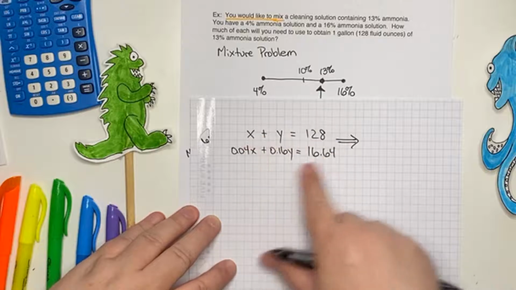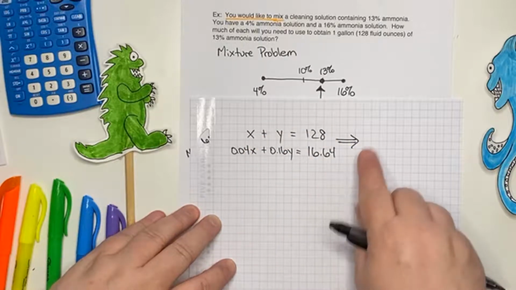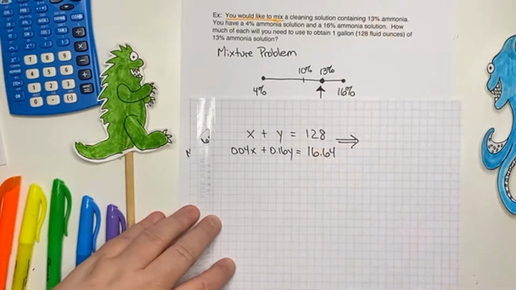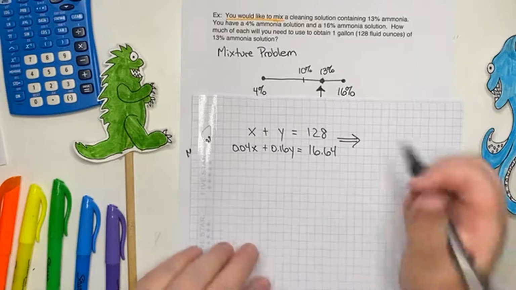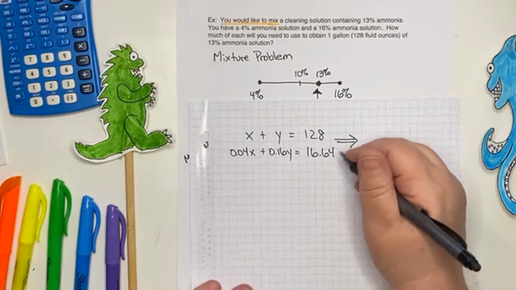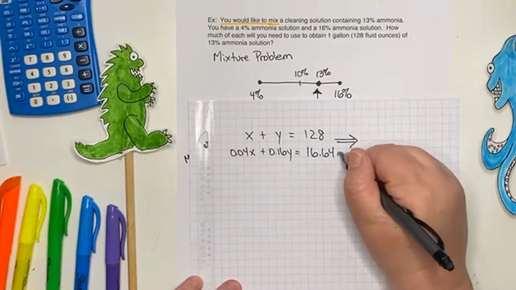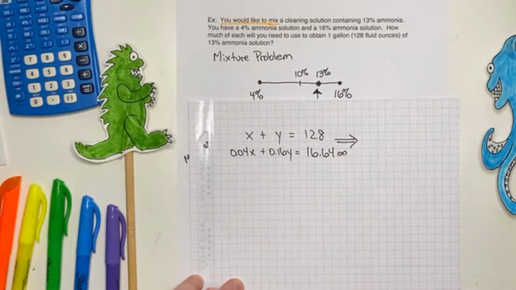So this is how some people get so good that they're just like, read this problem, come up with these equations. And if you can do that, that's awesome. So first thing I'm going to do is I'm going to multiply down in the second equation by 100. Okay, 100. Why 100? Well, I want to get rid of the decimals. Do I have to? No, no.